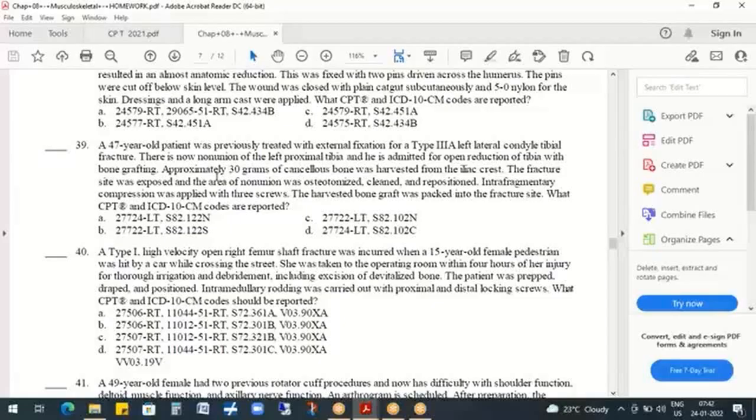A 47-year-old patient was previously treated with external fixation. There is non-union. Open reduction of tibia with bone grafting. Approximately 30 grams harvested. Then it is 27724 only. Why do you call it a sliding graft? Did they mention sliding graft?